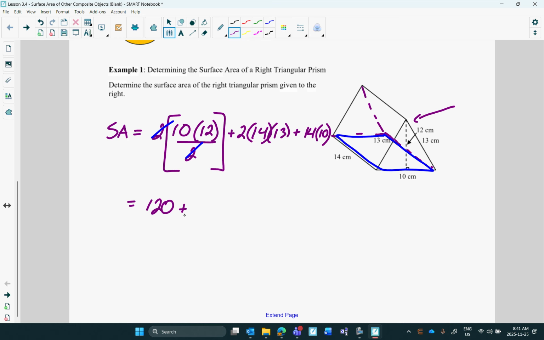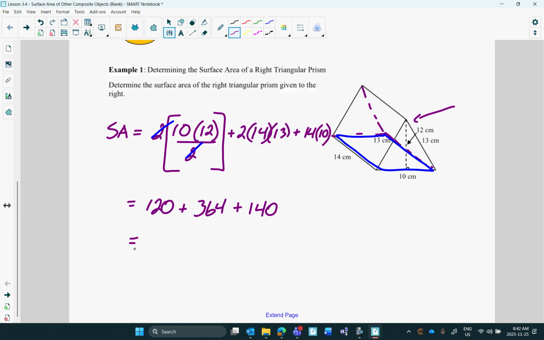2 times 14 times 13. 14 times 14 is 196 minus a 14, 182, 364. Is that right? And then 14 times 10 is 140. And then we add all those up, so we get 265, 24. Is that right?